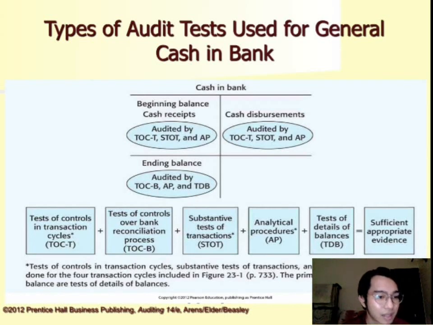And this figure illustrates how the types of audit tests are used by the auditor to audit the general cash account.